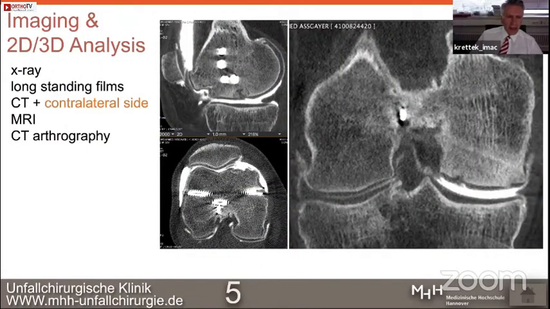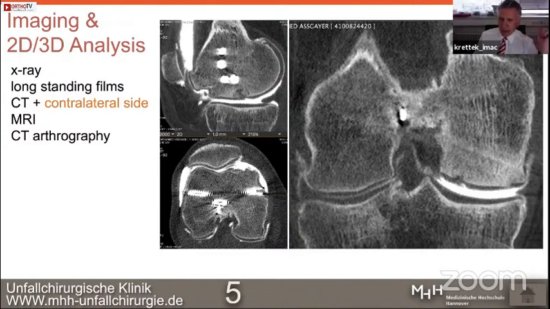Let me quickly step into what we need in imaging. Of course, conventional X-ray and long-standing film. But I would like to focus on the fact that we can nowadays easily do CT scans. And I frequently see that we get CT data sets of the ipsilateral fractured and deformed side. But frequently, the healthy contralateral side ends up in the bin of the radiologist.